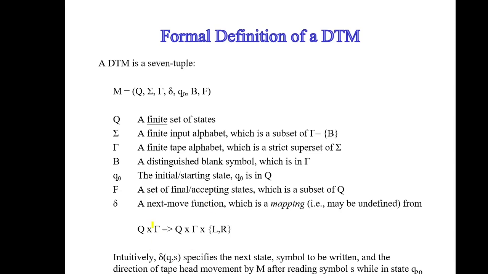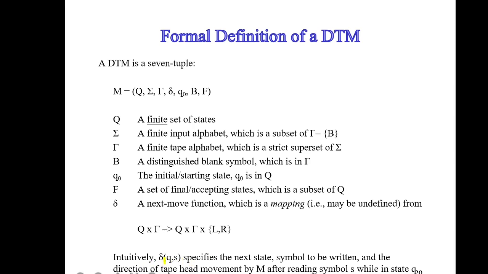So this is the process. Q means the set of states, and gamma the tape alphabet. Finally the read-write head moves left or right to take the next symbol.